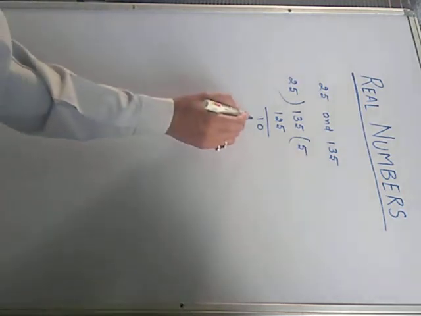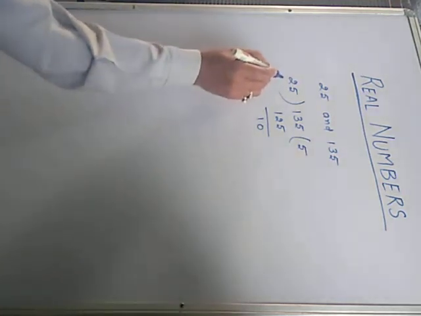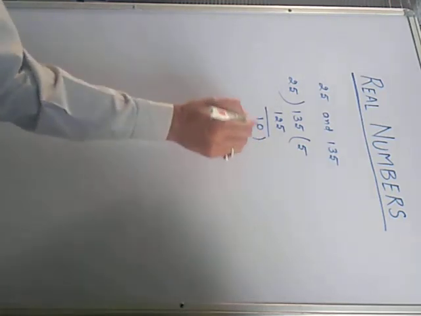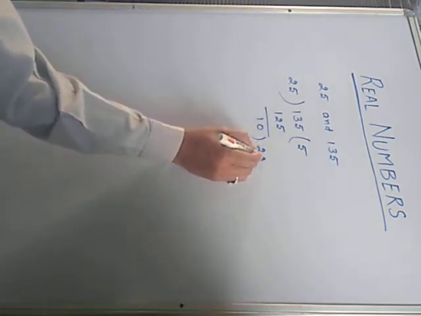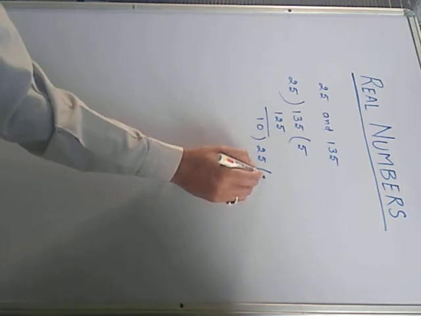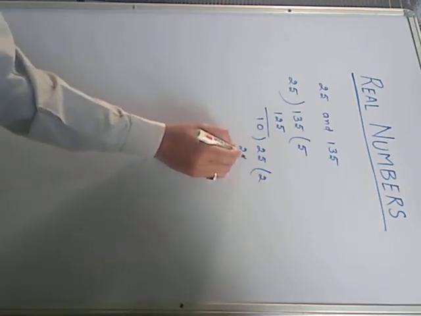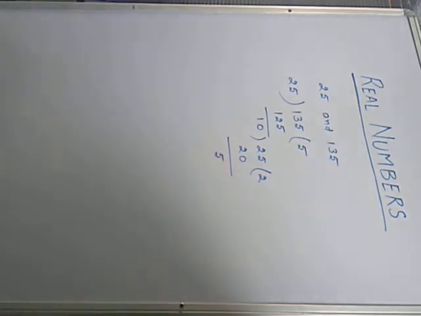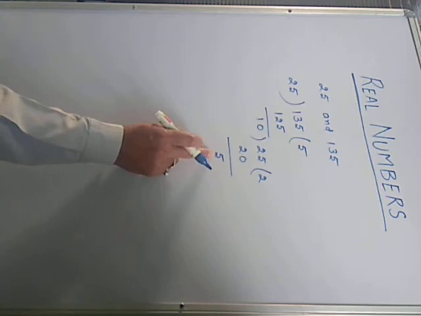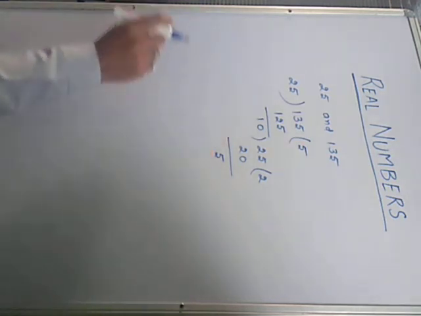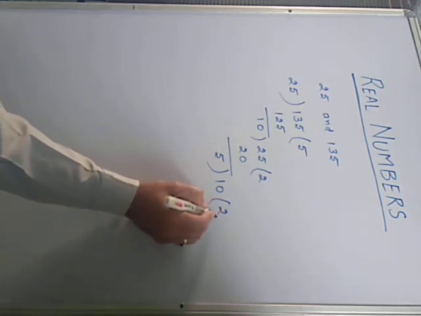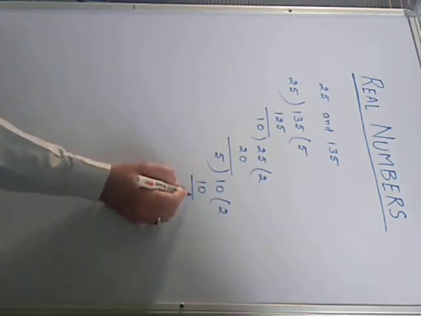Now by this remainder we have to divide the divisor 25. 10 twos are 20, now the remainder is 5. Again the same process: now by this remainder 5 we have to divide 10. 5 twos are 10.